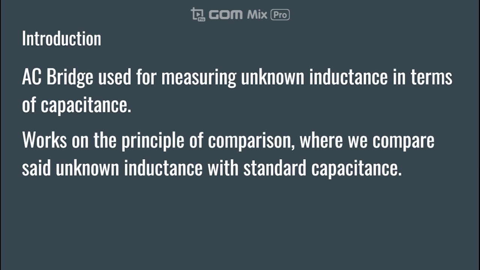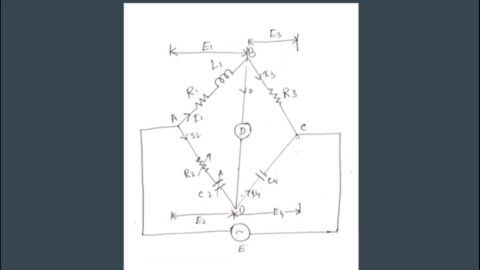So now we're going to look at the circuit. This is the circuit diagram for Owen's Bridge circuit. Here we can see different components used, but it's basically an RLC circuit.